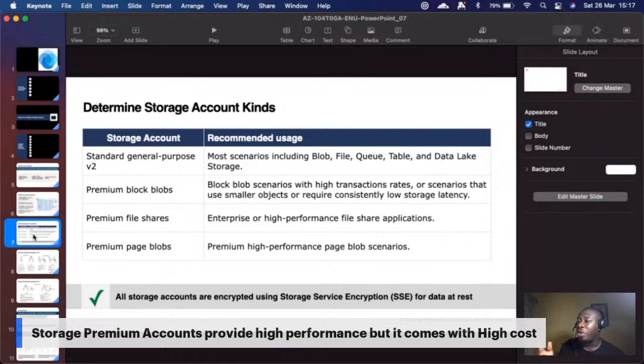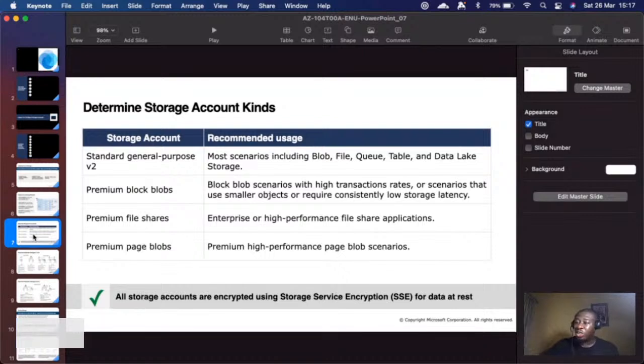Why? Because I feel like it is cost intensive, yeah, but it delivers the high performance. When you want a particular feature, you say, okay, to get this, I need to spend more. That's what this service is here for. Azure knows that if you need this premium service, you can actually get it, but it comes with a cost. So that is something to take note of.